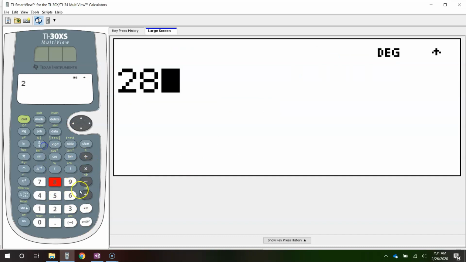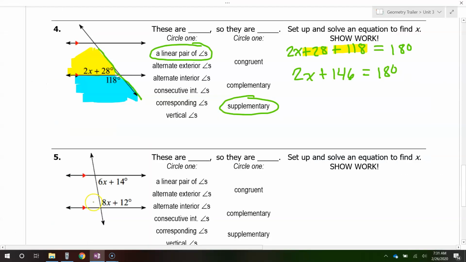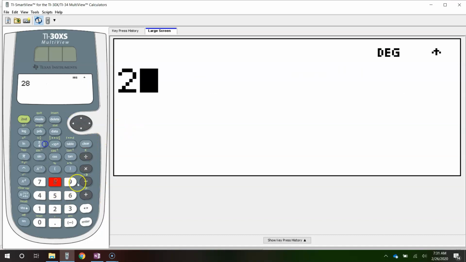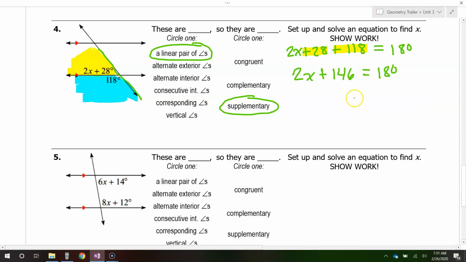Okay, so we're doing 28 plus 118. That's why I'm getting 146, by the way. So to get x by itself, I need to subtract 146 from both sides.